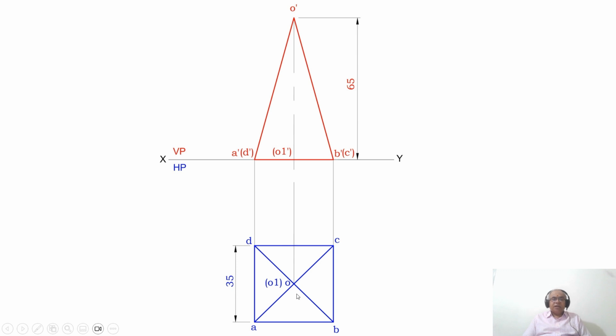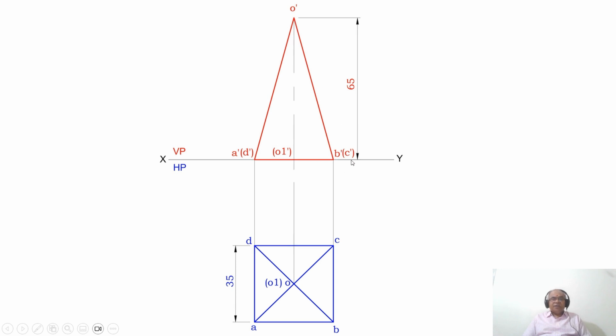That is basically because these are the slant edges. Which are the slant edges? We can see O to A is one of the slant edges, O to B is one, O to C is one, and O to D is one of the slant edges. As we have joined O to A, O to B, O to C and O to D in the top view, obviously in the front view also, O dash A dash and O dash B dash are joined.